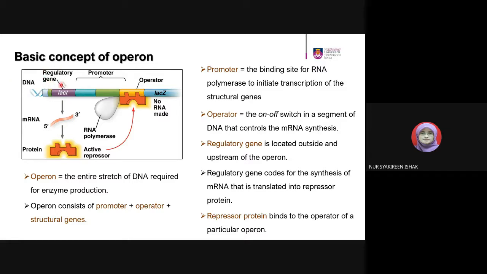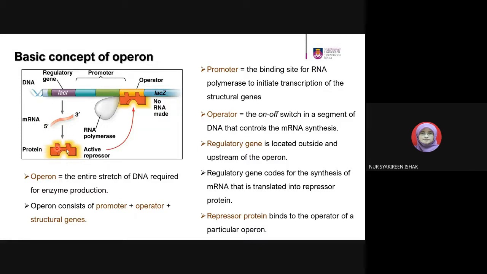The function of the regulatory gene is that its information is used to synthesize a protein, which we call the repressor protein. Before it can produce the repressor protein, it has to produce the mRNA. So it copies the information from the regulatory gene, and the mRNA is used to synthesize the repressor protein.